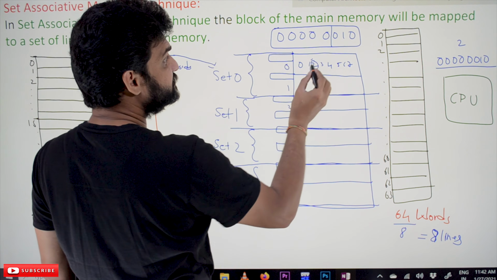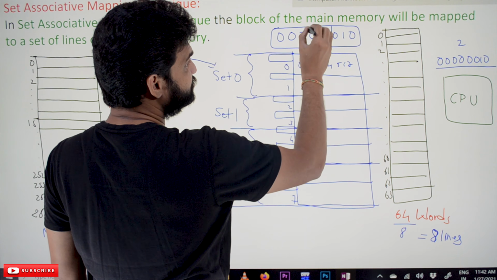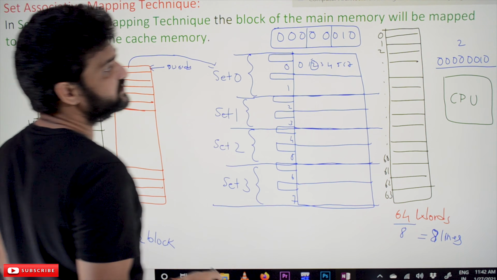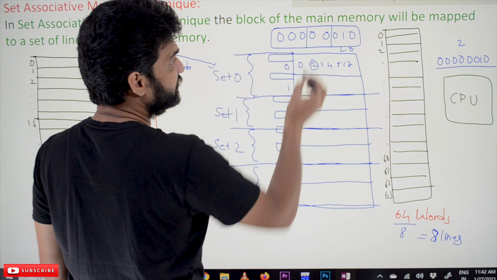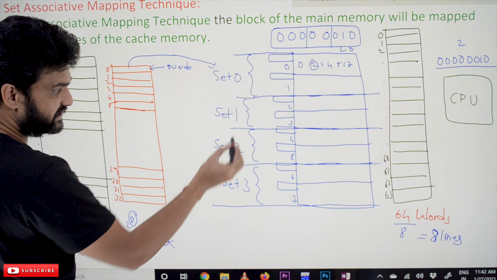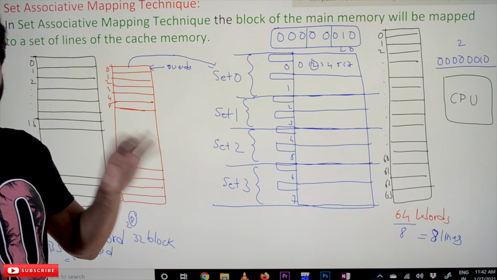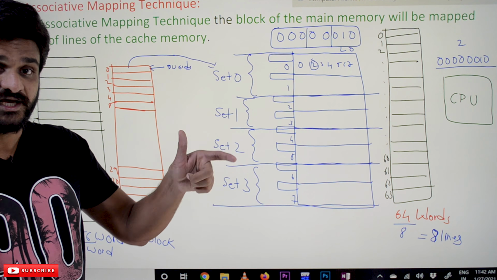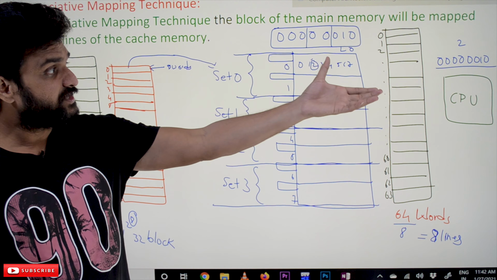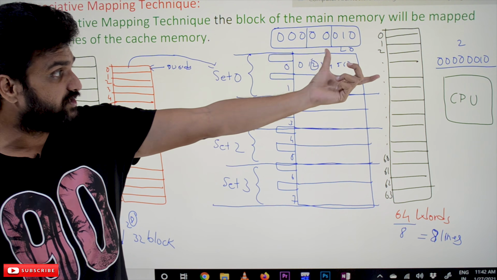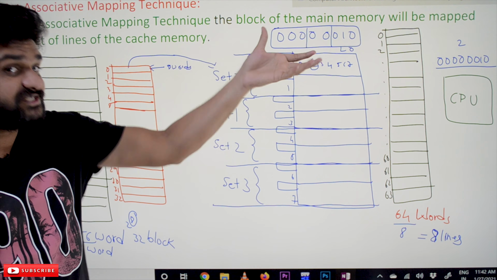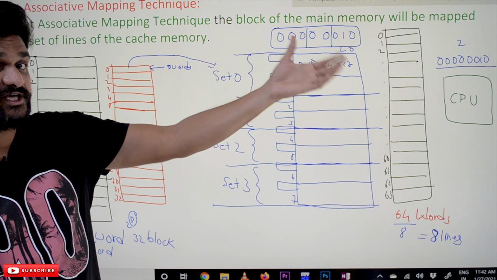The next thing is that we are going to divide these 2 bits. This is the line offset, and these 2 bits represent the set number. Which set is the requested word present in?